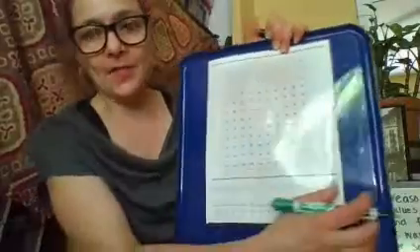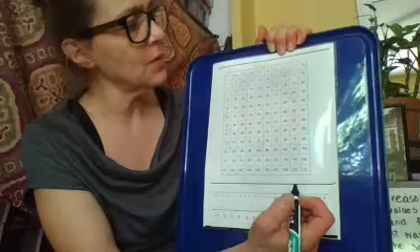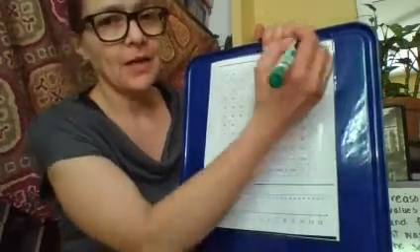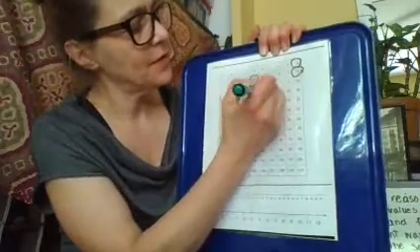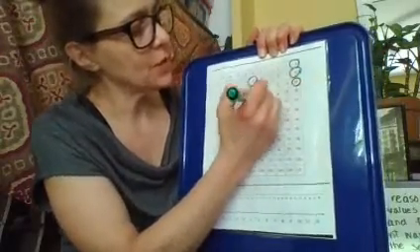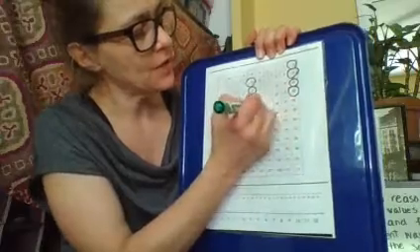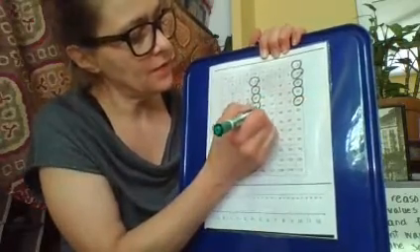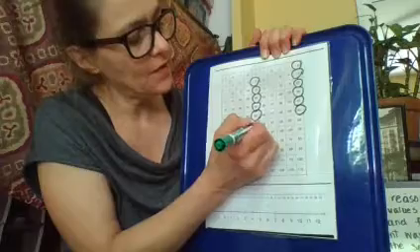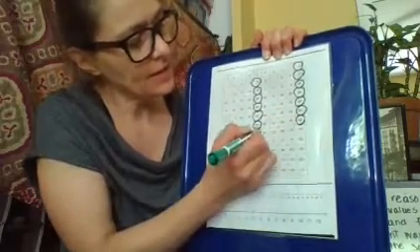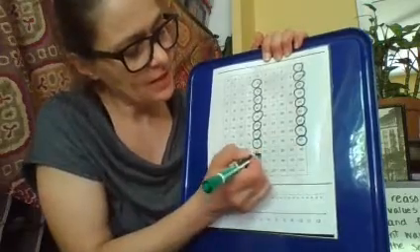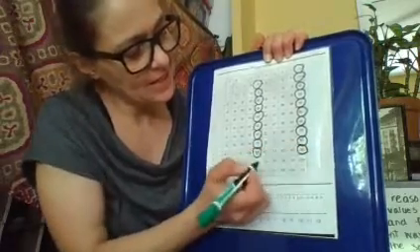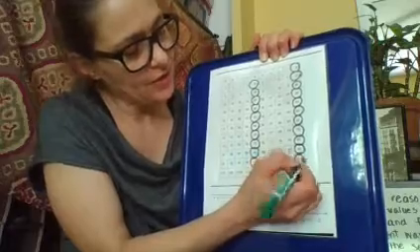We're going to skip count by 5s, and we're going to go to 100, and we're going to start at 0. So let's get ready. 0, 5, 10, 15, 20, 25, 30, 35, 40, 45, 50, 55, 60, 65, 70, 75, 80, 85, 90, 95, 100.